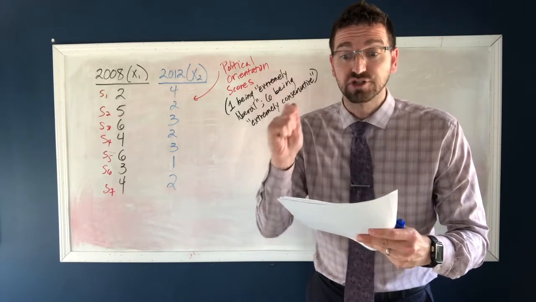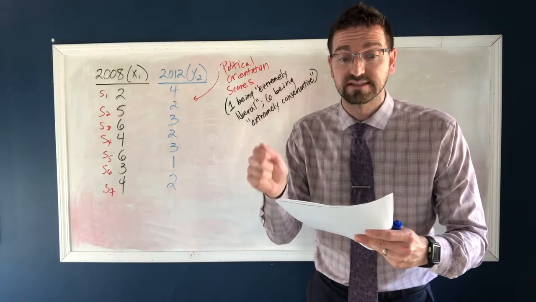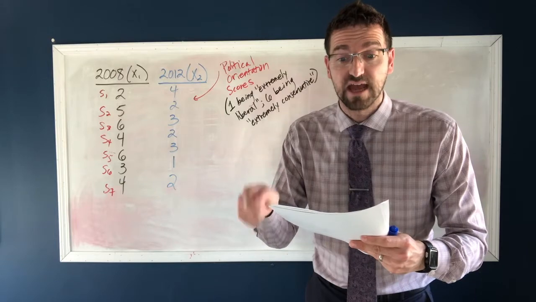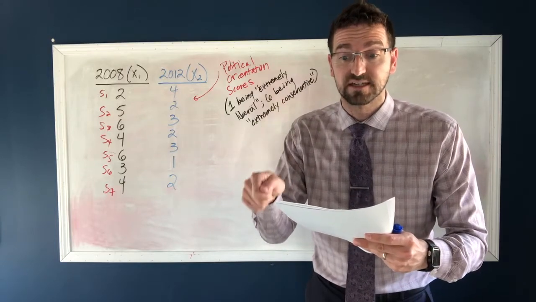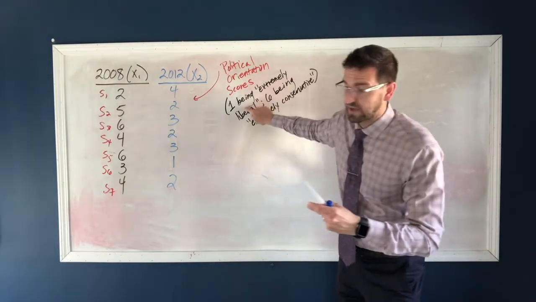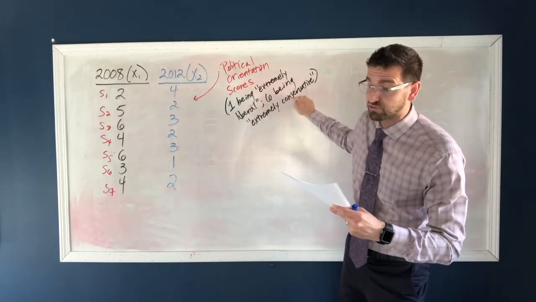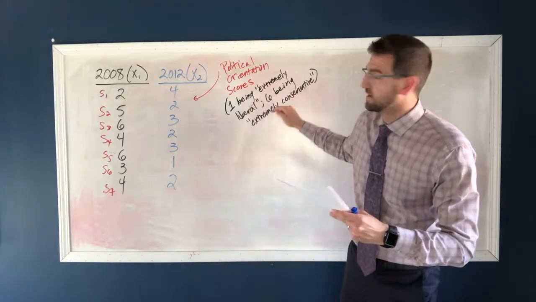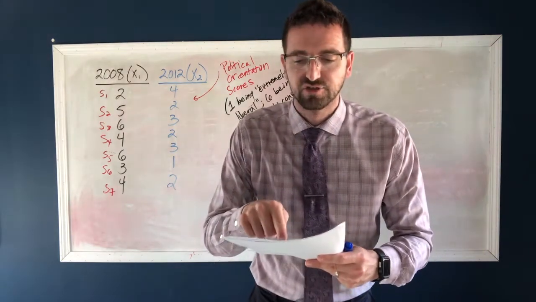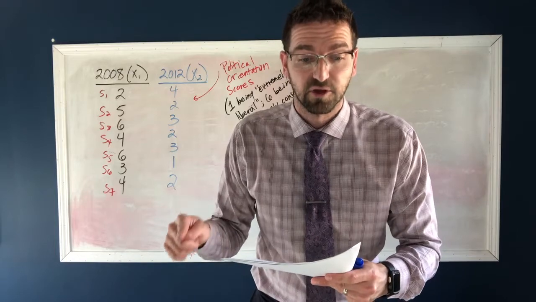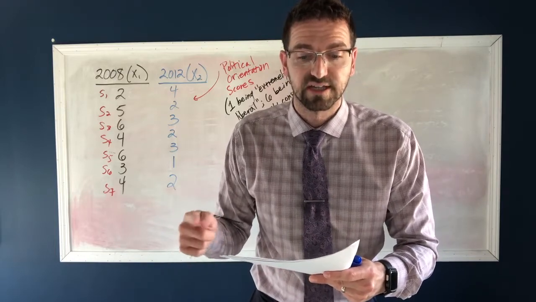A researcher measured the political orientation of 7 college freshmen using a scale that ranged from liberal to conservative, 1 being extremely liberal and 6 being extremely conservative. Four years later, just before graduation, the same 7 students reported their political orientation again.